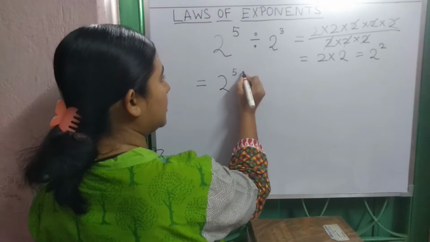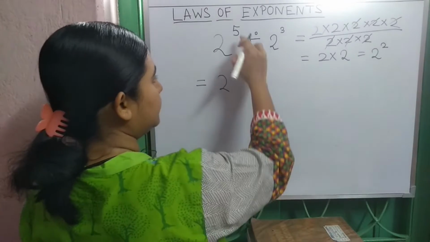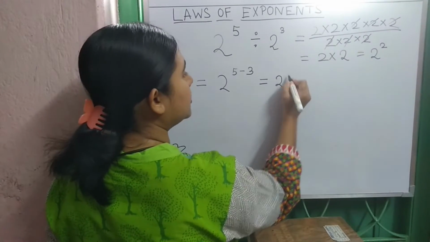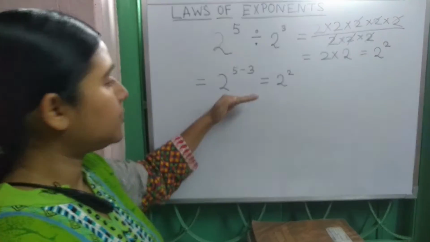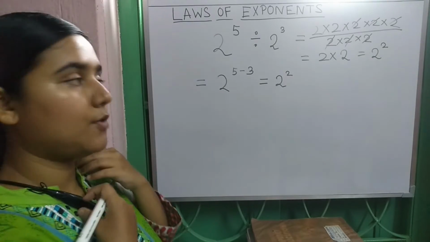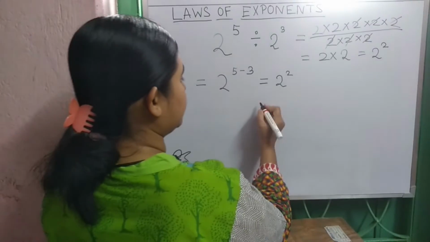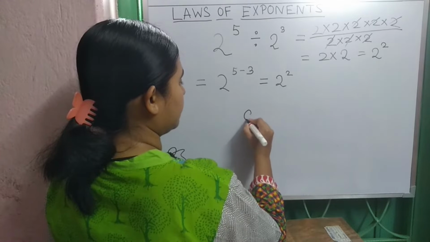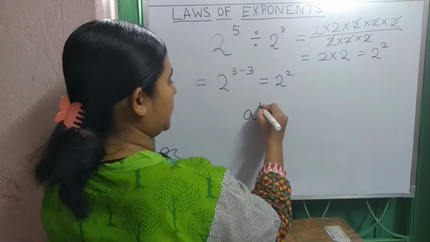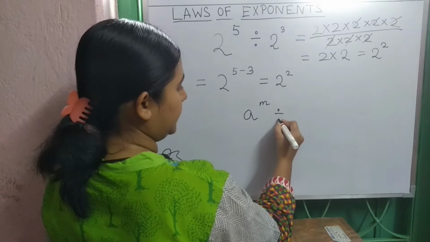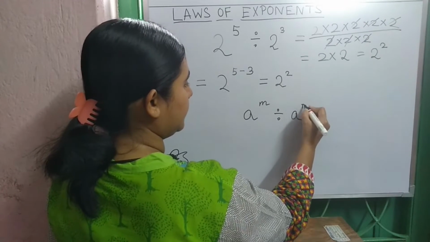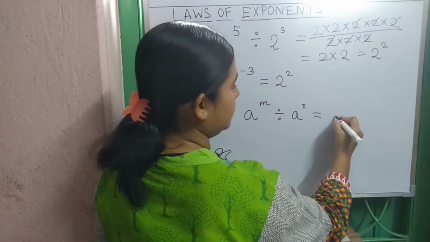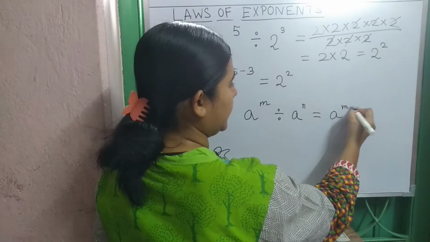So you have to subtract these two exponents, then you will get 2 square. See, you will get the same answer. So from here we can conclude a formula: a to the power m divided by a to the power n will become a to the power m minus n.